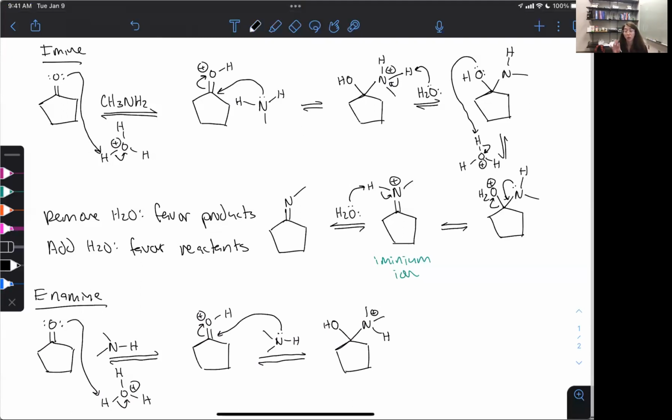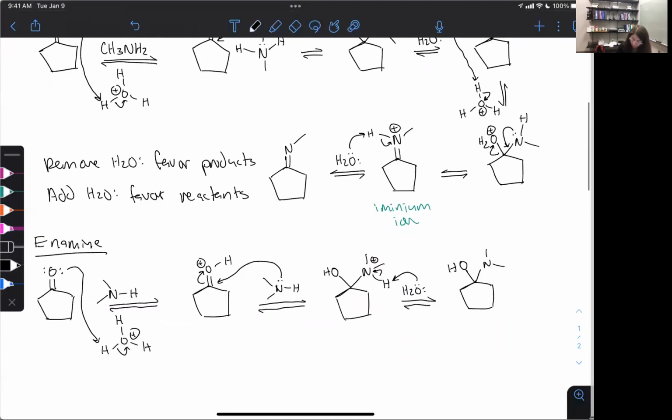Okay, just like before, once we get to this charged intermediate, we're going to do a proton transfer. And then we're going to protonate the oxygen to make water as a good leaving group.